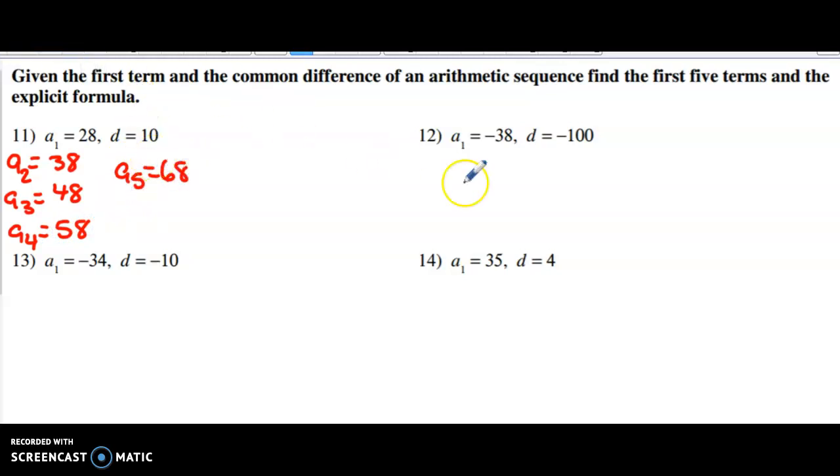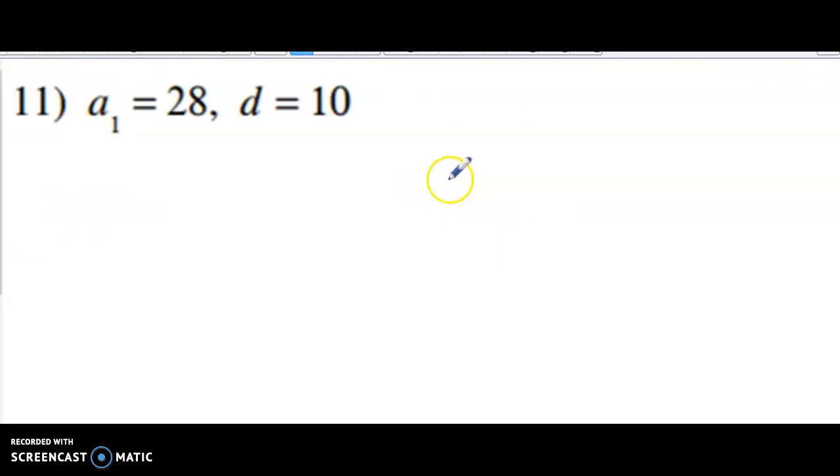Okay. Over here, let's get a little more room so that we know what all of those are now. And if we use this formula, remember our formula, a sub n is equal to a sub 1 plus n minus 1 times our common difference.